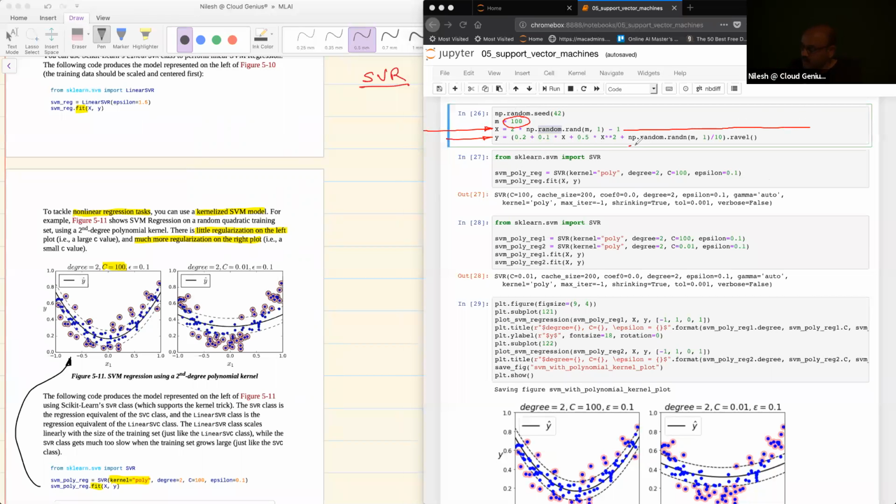They have some random input, but if you read this expression for Y, it will evaluate something like this. Y equals 0.2 plus X divided by 10 plus X squared divided by 2 plus random.